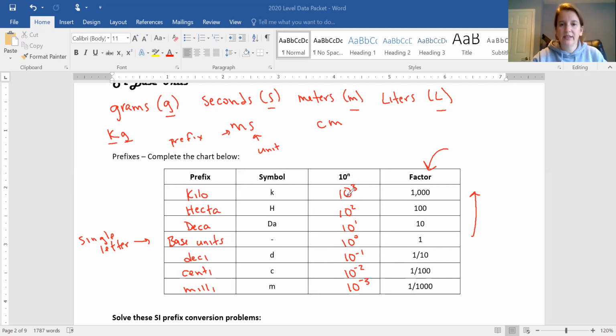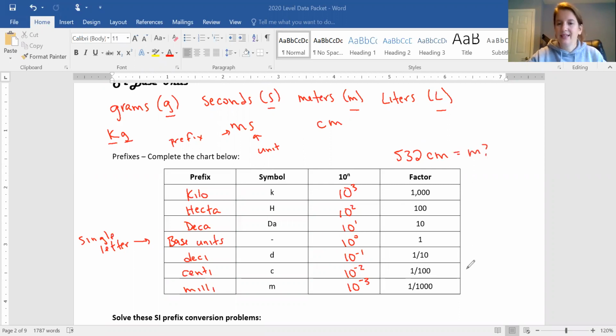Now, I personally don't use this information here in the chart to convert. I just count to see how many times I need to move my decimal point to get from one place to another place. Let's say I want to find out how many meters are in 532 centimeters. I want to find out how many meters.